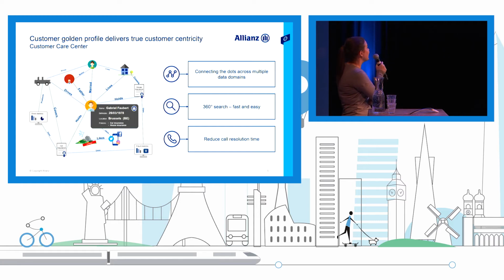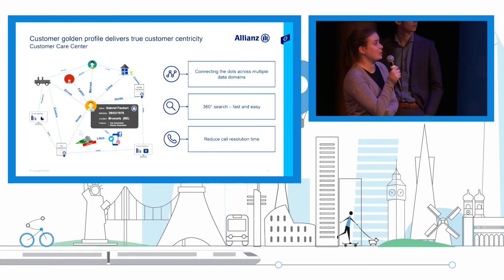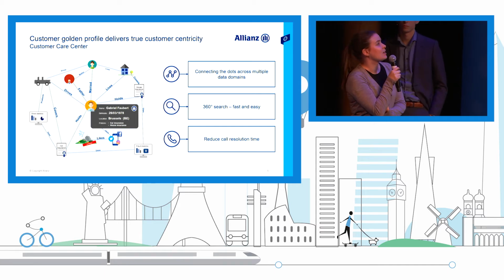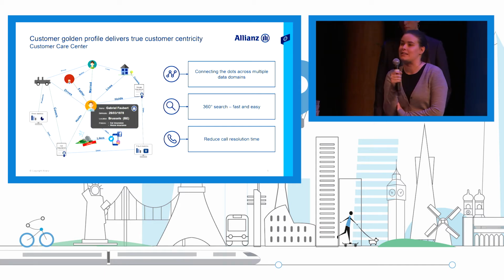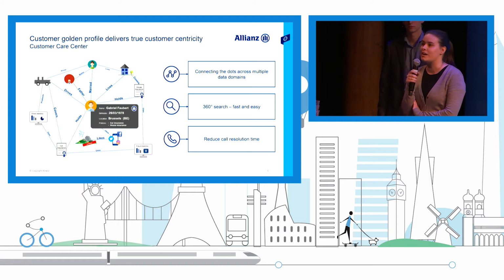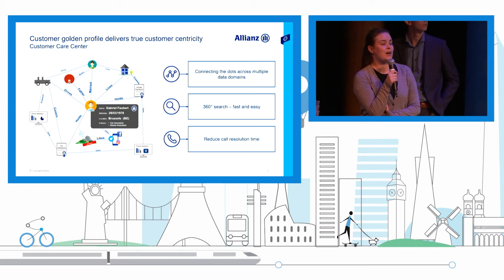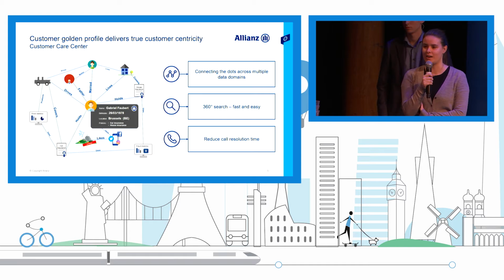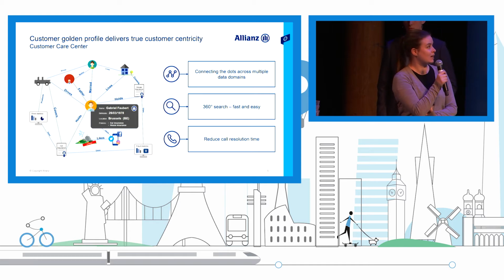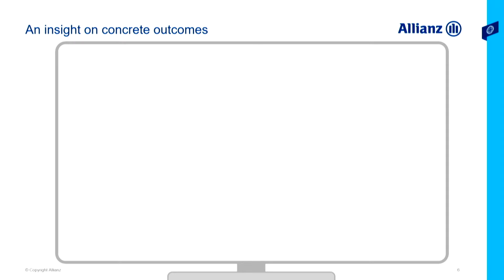For example, Gabriel: you can see his family relationships, the products he owns, his driver statistics, and even what he likes and what he doesn't like. This is available for the customer care agent. He can quickly search on it and act on it. The goal is to help the client quickly and as efficiently as possible. Let's look at an example of how it's used.